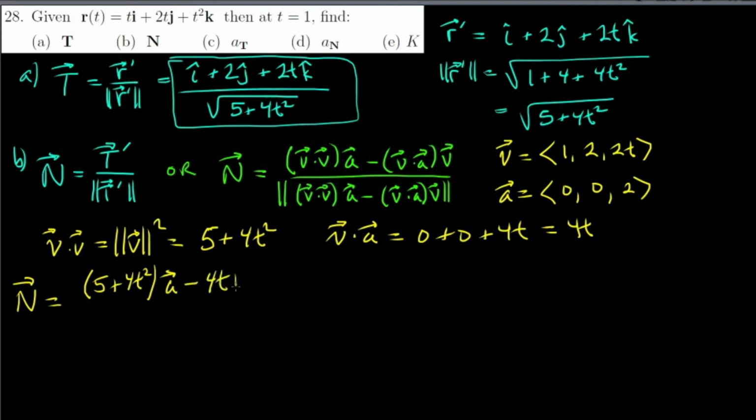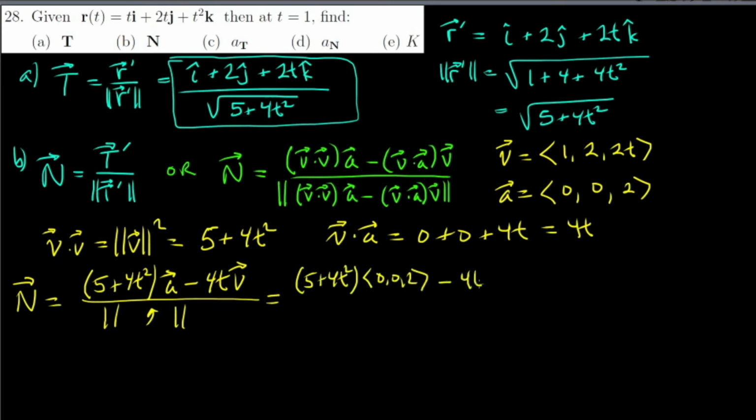Minus 4t times the vector v, all divided by its magnitude. I'll just put a little arrow because we'll do the magnitude after we calculate this, right? So 5 plus 4t squared times the vector with components 0, 0, 2, minus 4t times the vector with components 1, 2, 2t, and divided by the magnitude.